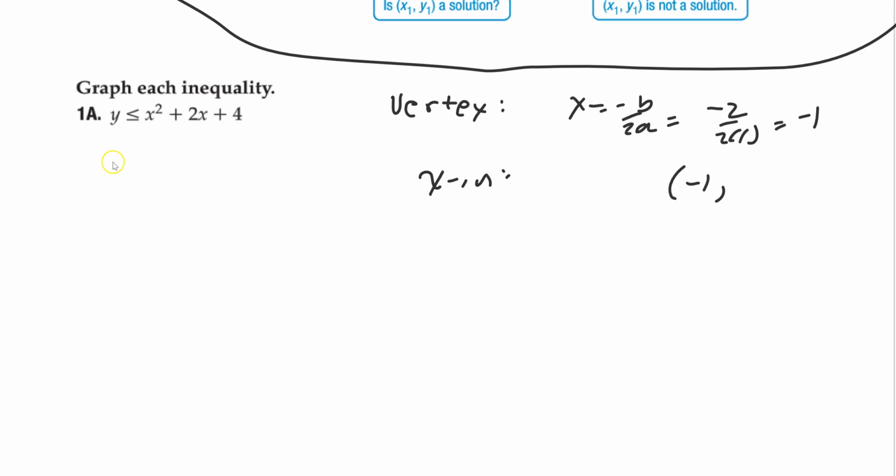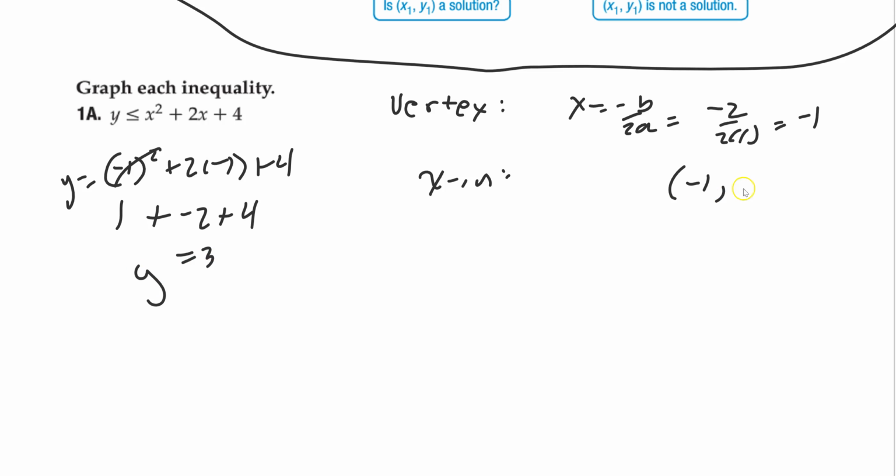Plug that in, so I get negative 1 squared plus 2 times negative 1 plus 4. Notice that the negative is inside the square, so this becomes 1. Negative 2 plus 4, and I get 3. So my vertex is at negative 1, 3.